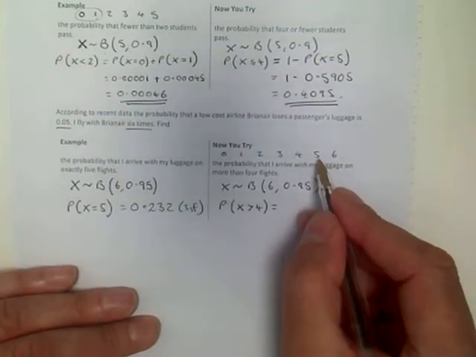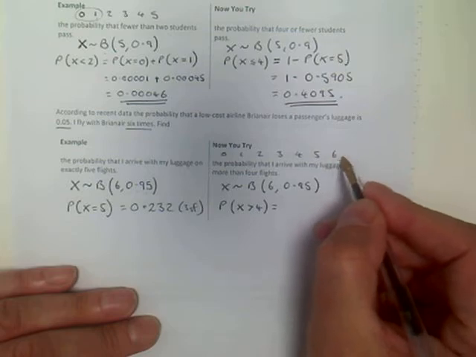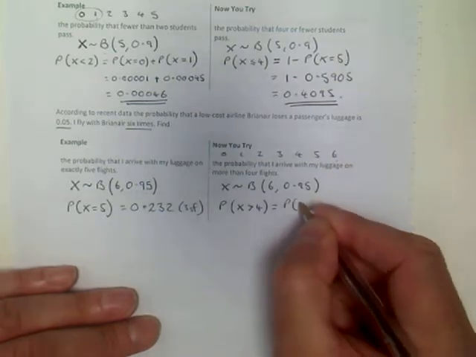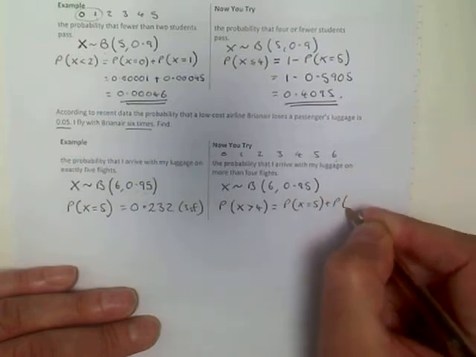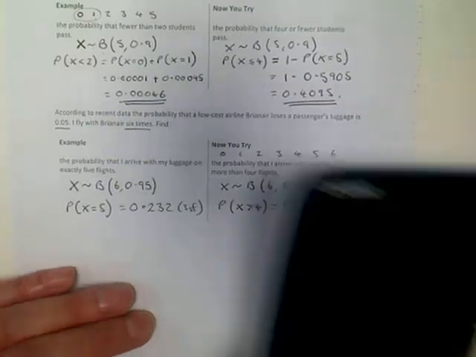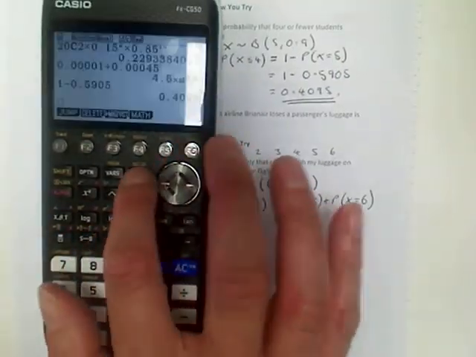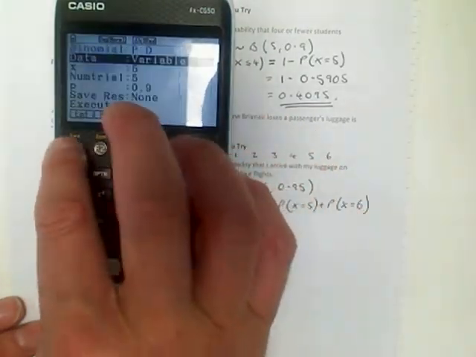So I'm after the probability of that happening plus the probability of that happening. So actually what I will do here is this. Into my stats mode, distribution, binomial BPD.